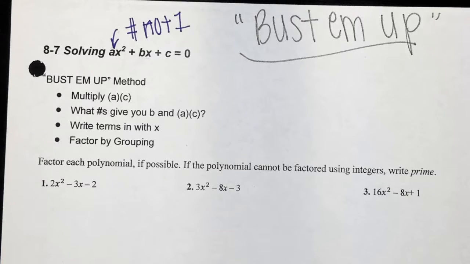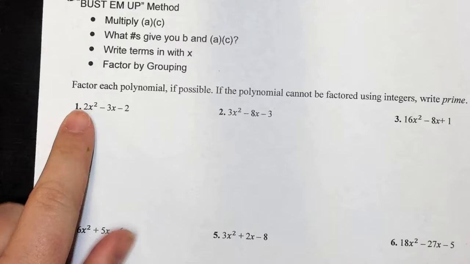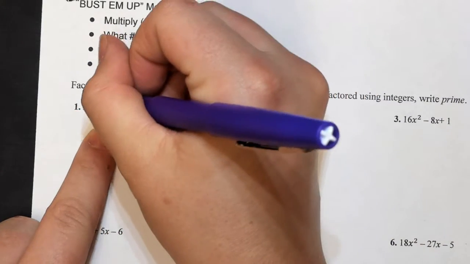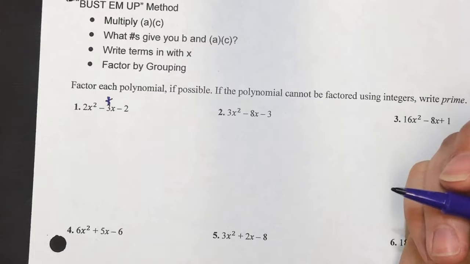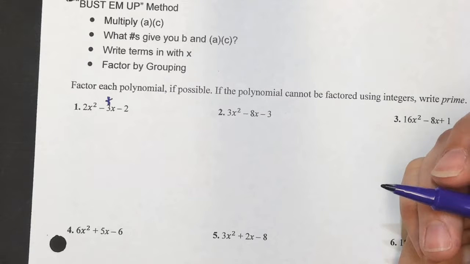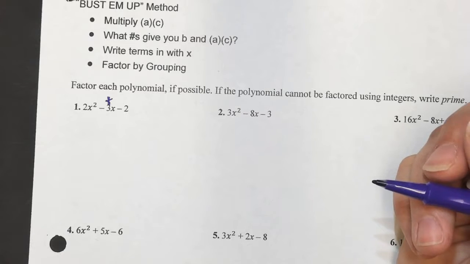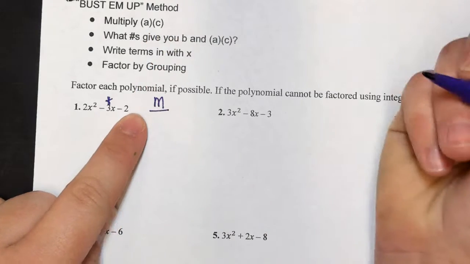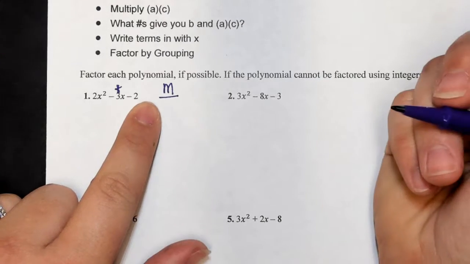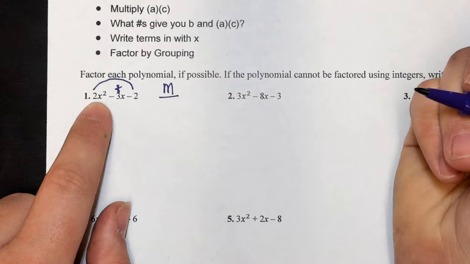So let's just get straight to the point. Here's what you have to do for bust them up. We have to bust the middle term, which is -3, into two pieces. But there are restrictions. These two numbers have to multiply to be whatever A times C is.